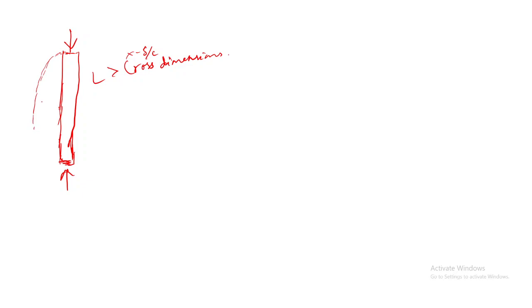So that is also a kind of failure. We don't want the column to buckle elastically. It won't fail at all, but what I am saying is that it will elastically deform. So the buckling stress induced is less than the proportional limit or the elastic limit.